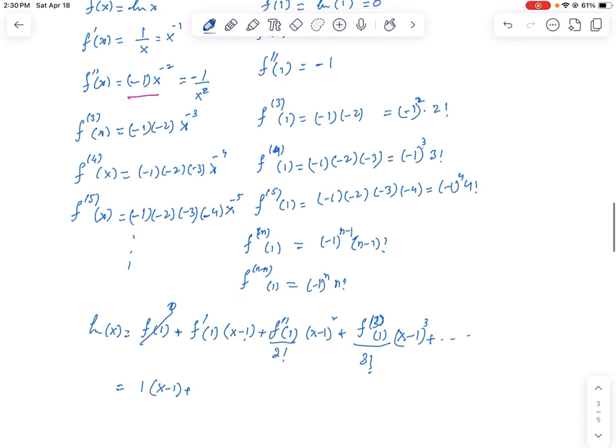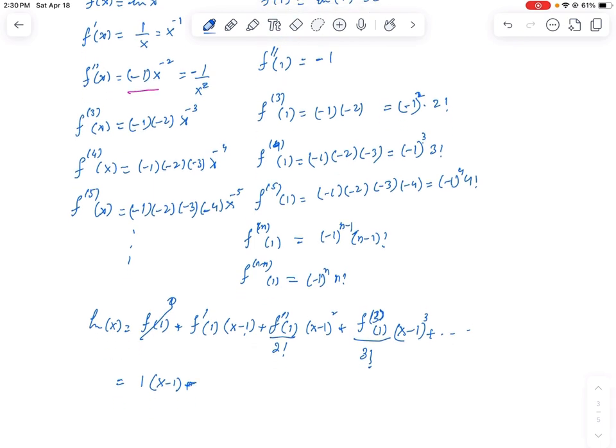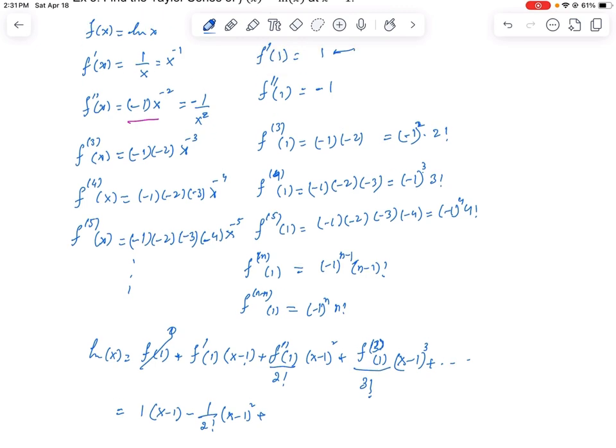So the next term will be negative 1 over 2 factorial times x minus 1 whole squared, plus the third derivative was negative 1 squared into 2 factorial.